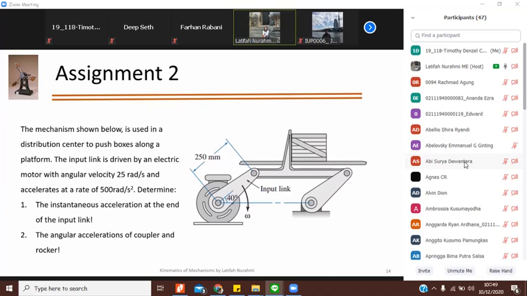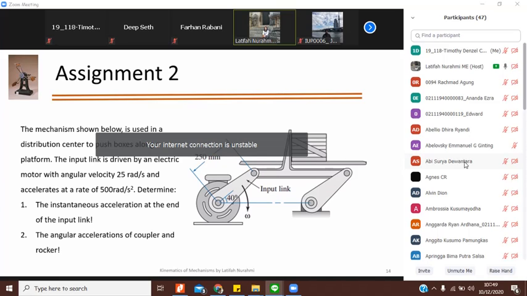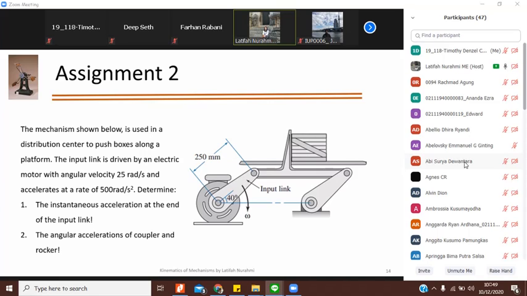I will stop here and I will go back to the very beginning. I will discuss the assignment for velocity. Here we have a 4-bar linkage. The mechanism shown on the right is used in a distribution center to push boxes along a platform.